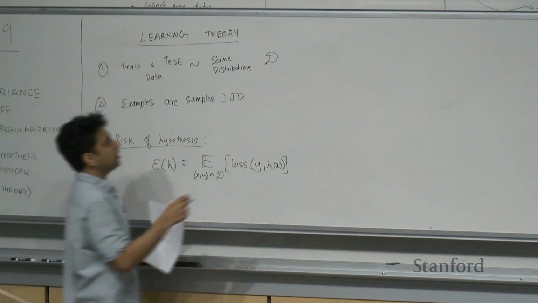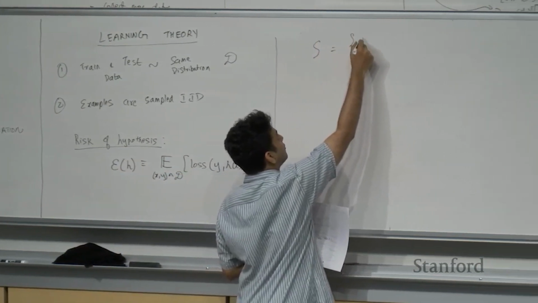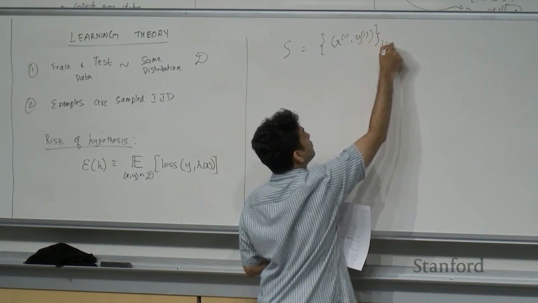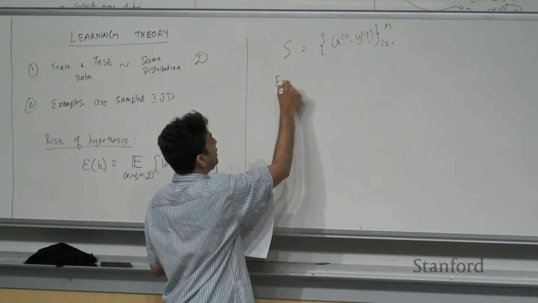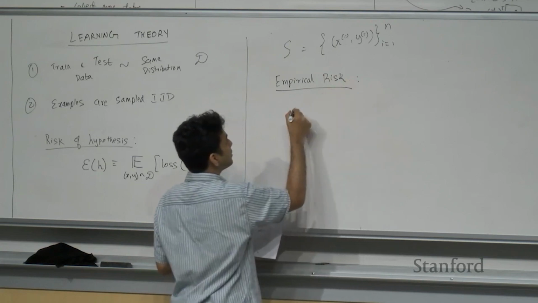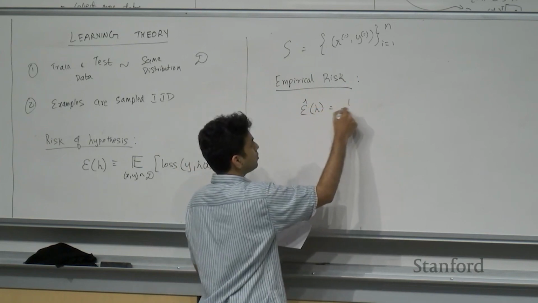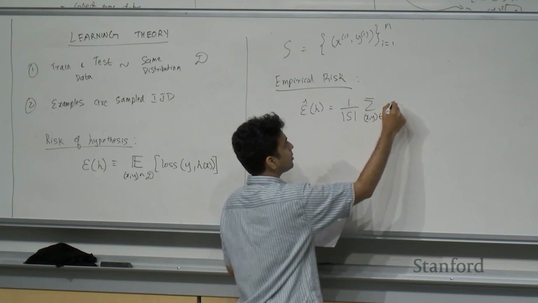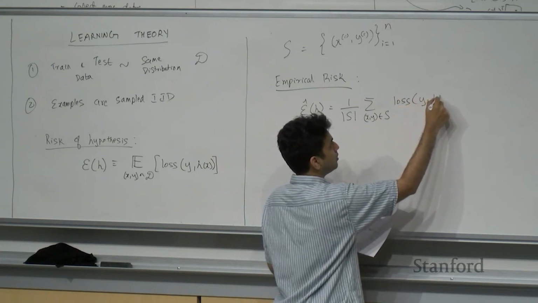Now suppose there is a related term. If S is some set of (xi, yi) pairs, i equals 1 to n, so if S is some training set, then we define the empirical risk as epsilon hat of h equal to 1 over the size of the data set times the sum over (x, y) in S of loss of y comma h of x.